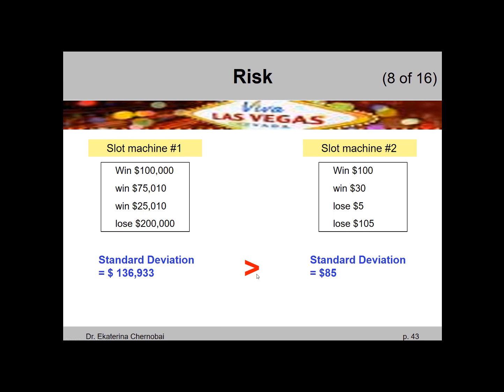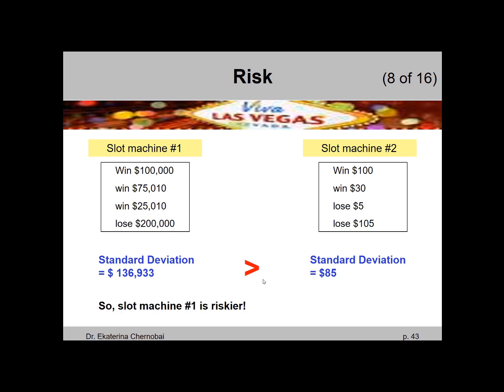And it's definitely more relevant when we are not sure by simply looking at the numbers which one implies a higher distance from the average. In this example, it's pretty obvious, but when it's not, you have to calculate the standard deviation, which will tell you exactly where you see a higher amount of risk.